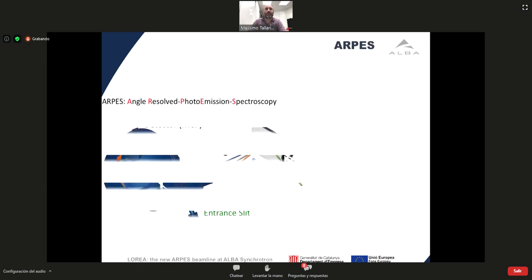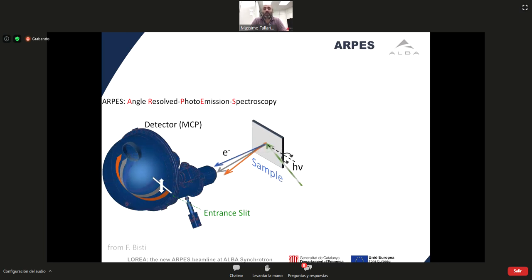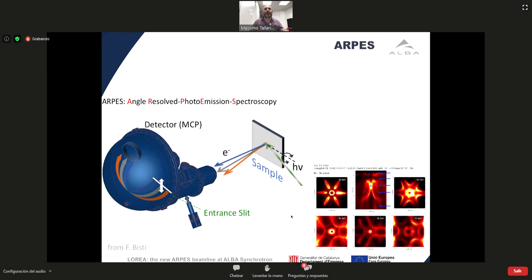Then ARPES. The way we are doing ARPES is using the analyzer with a movable slit. In our case, the slit is horizontal, and we move vertically. In this way, we get results like this one.